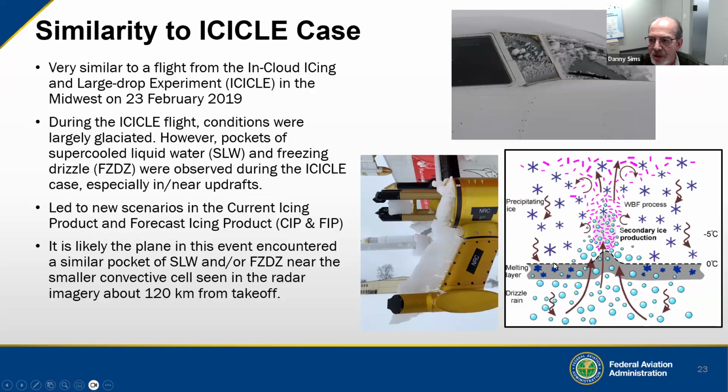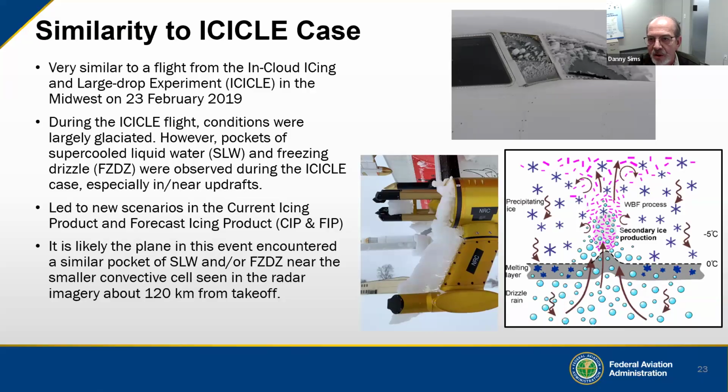They pass through the melting layer, and as they get closer to the surface, they melt and turn into liquid drops. What we then saw was that in the areas of updrafts, these liquid drops get caught and recirculated back up into the updraft. And you are now introducing liquid water into what was primarily an ice crystal environment.